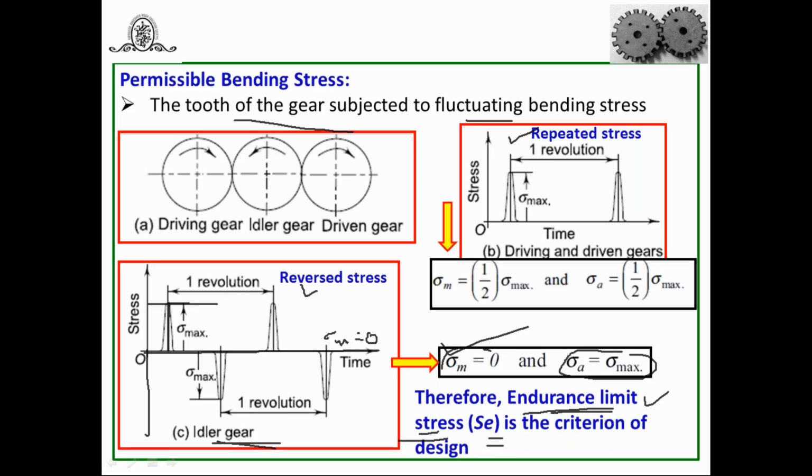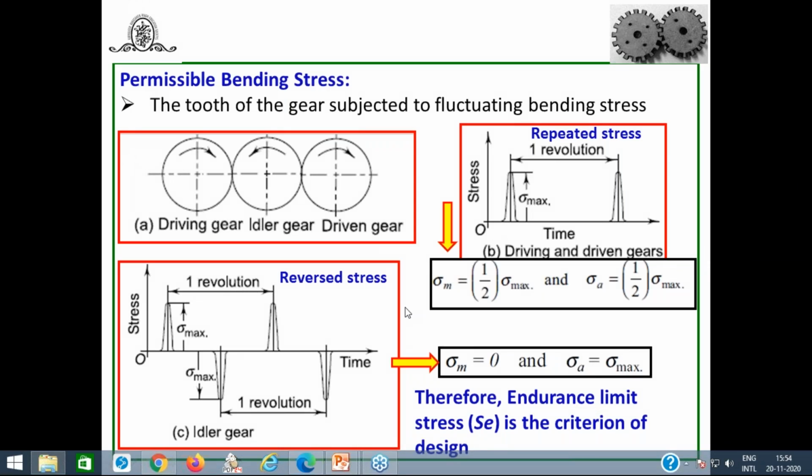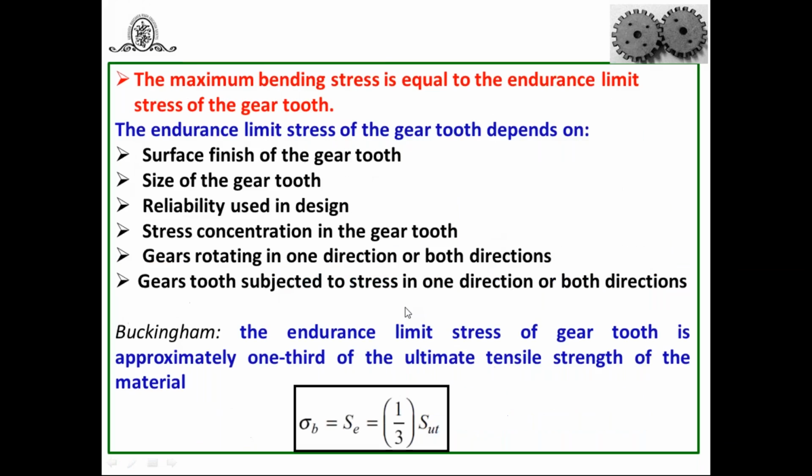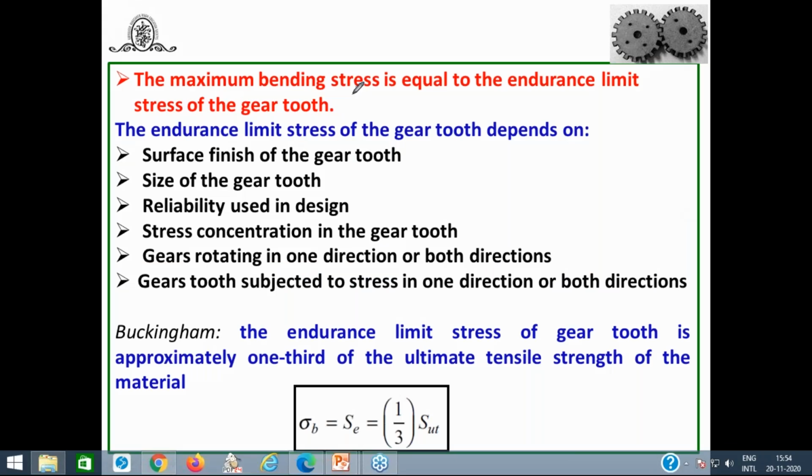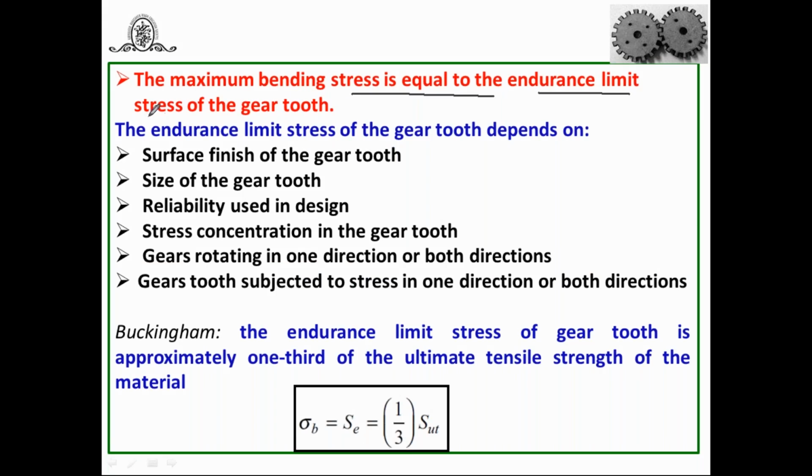Therefore, the maximum bending stress is equal to the endurance limit stress of the gear tooth, and this depends on some parameters, as you know very well. SE is equal to K into KB into KC into KD into SE dash.